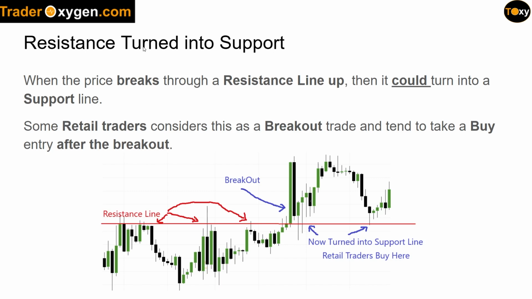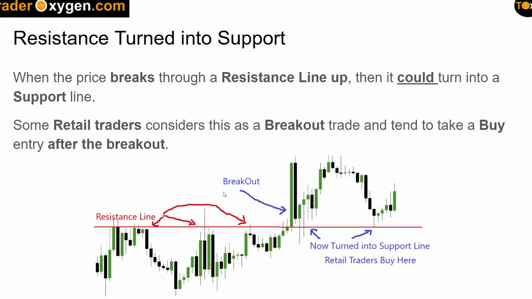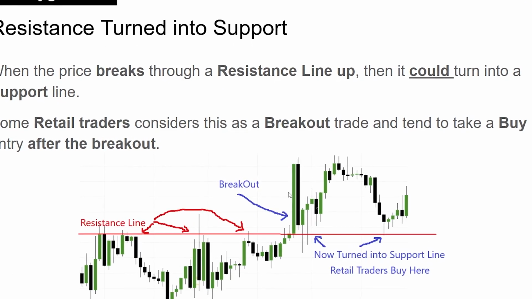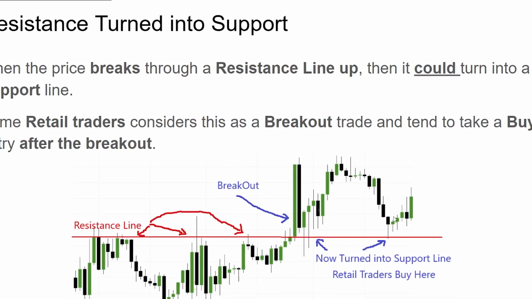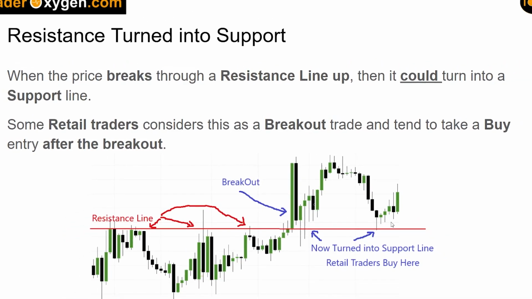Okay, then resistance can be turned into support. You can see the price is respecting the resistance over here. However, there can be instances where the price will break through a resistance line. We call it a breakout. And once a breakout happens, there is a chance the price will now tend to support that line.